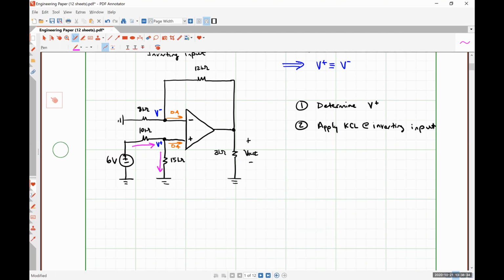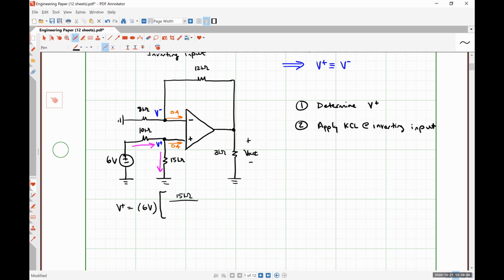That's easy enough. What we could also do is recognize that since none of the current can branch off, from the perspective of the 6-volt source, it sees a simple voltage divider circuit, right? So we could say pretty easily that V plus is simply 6 volts multiplied by 15 kilo ohms, because we want the voltage drop with respect to ground.